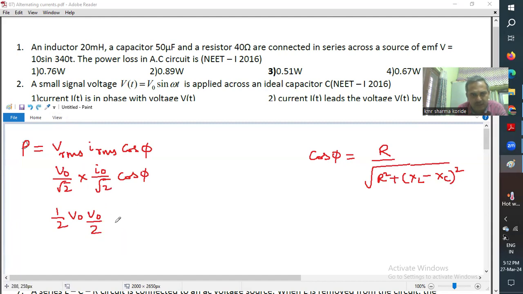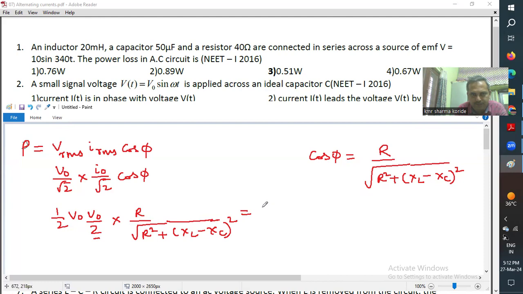So cos phi you can write as R by root over R square plus XL minus XC whole square. Now Z is also the same, so root and root get cancelled.